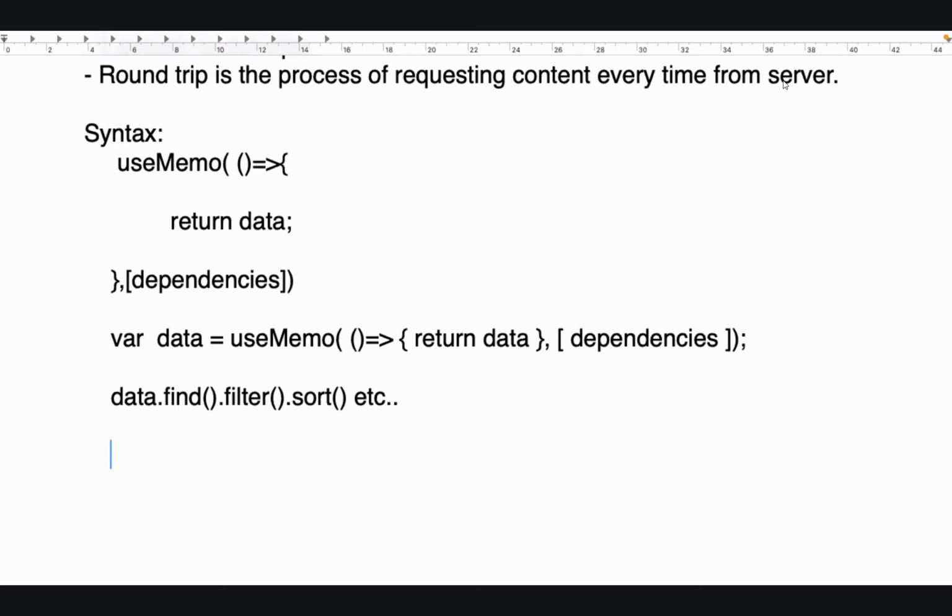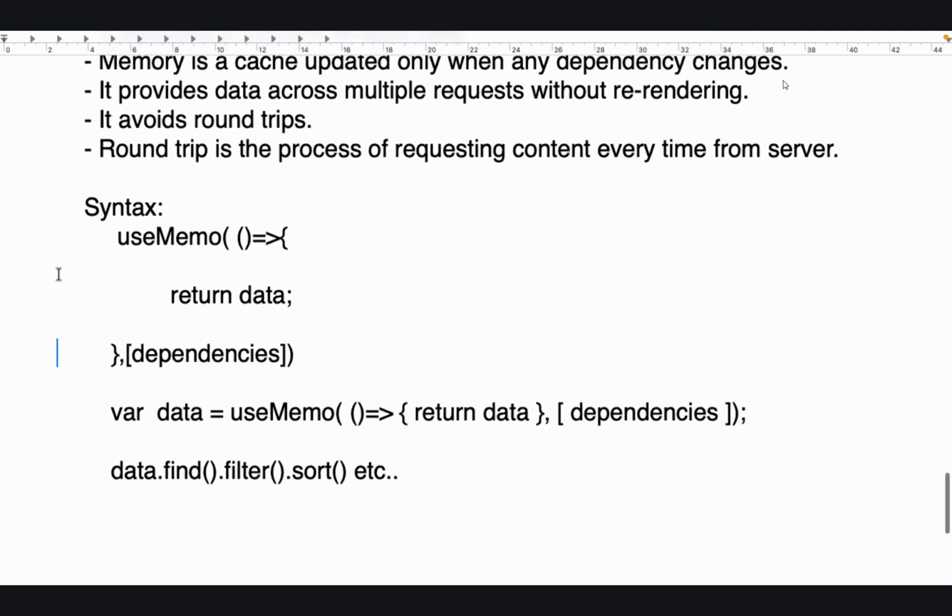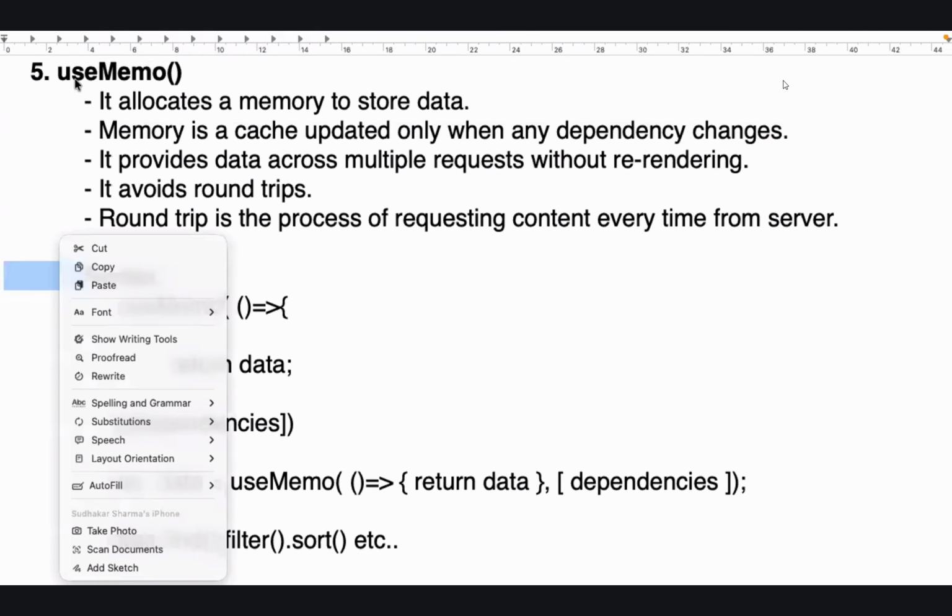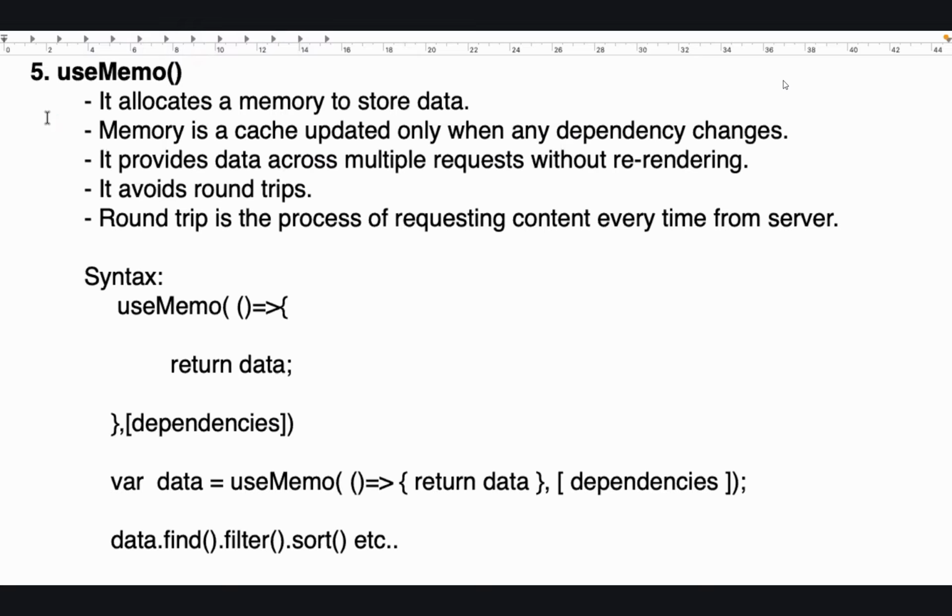Now, if you want to cache data and use it across requests, which one can you use? useMemo. You can cache a function also. For example, you have a login click. When you perform login click, it is creating cookies and allocating memory. That should not be reallocated again and again until you sign out.